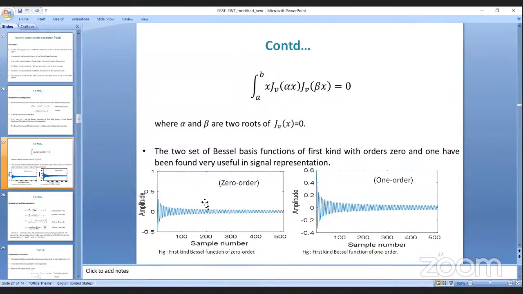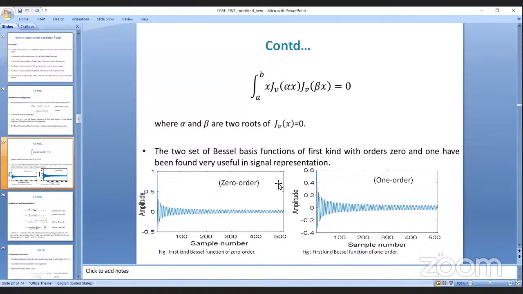So when you see the signal in the time domain, the Bessel basis function of 0 order, you can see, is for the 0 order first kind of Bessel function, and for the first order first kind of Bessel function, you can see on the right hand side in this figure.